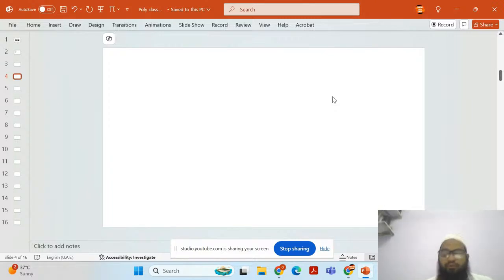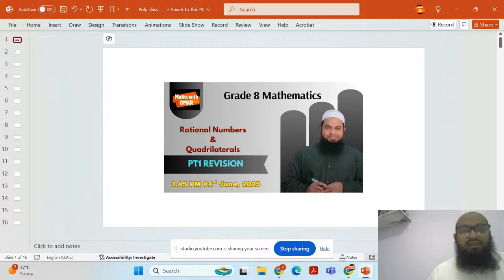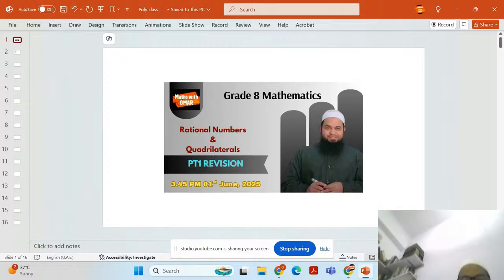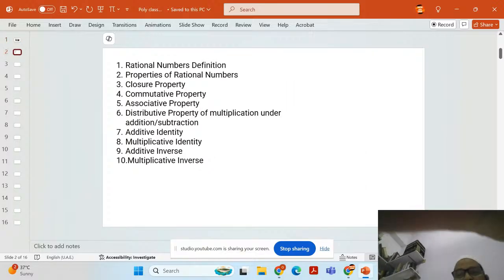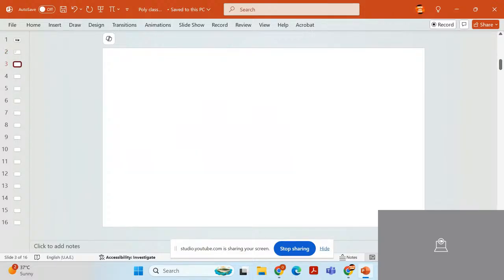Now let me go with the concepts which are there in this chapter. The first one is the definition of rational numbers. Which numbers are called rational numbers?